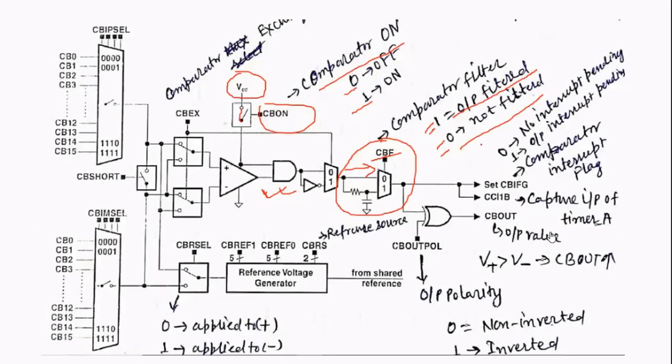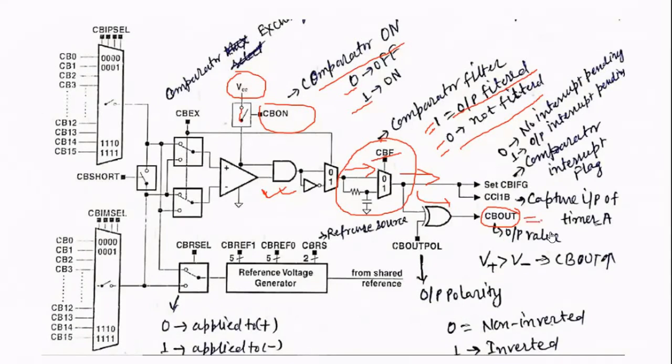Now, the filtered output or unfiltered output goes to this XOR gate, and it will generate an interrupt. One more thing is this CBOUT bit. This is the output value. When the comparator is off, the CBOUT value is low.